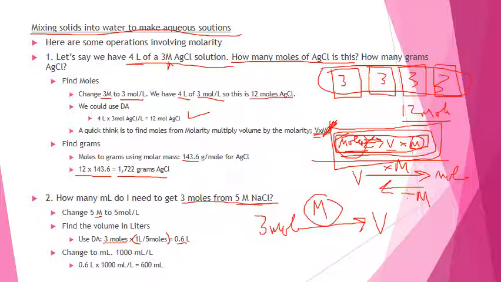Or you can do just what I said over here: take 3 and divide it by the molarity, and you get 0.6 as well. So you can go from moles to volume by dividing by the molarity, or go the other way to figure out the volume.